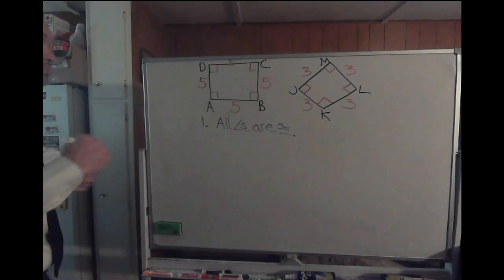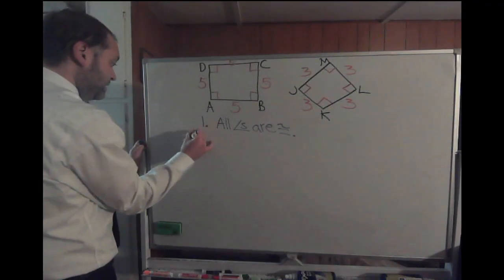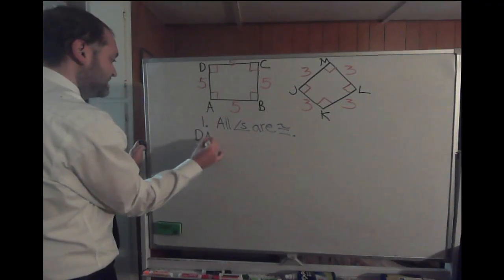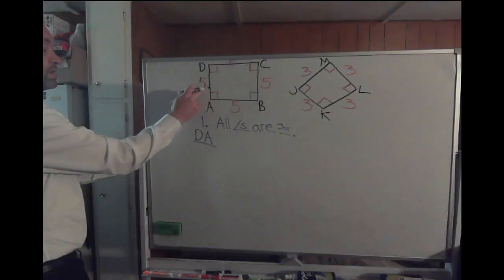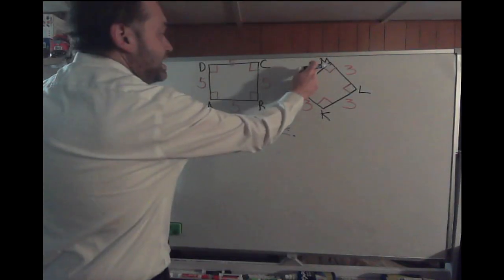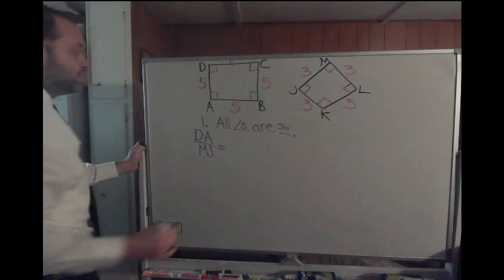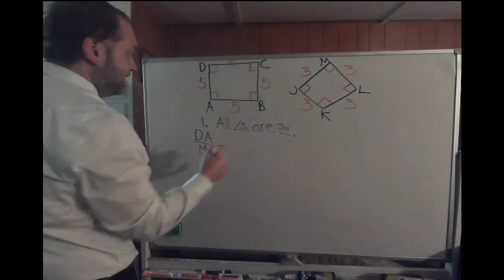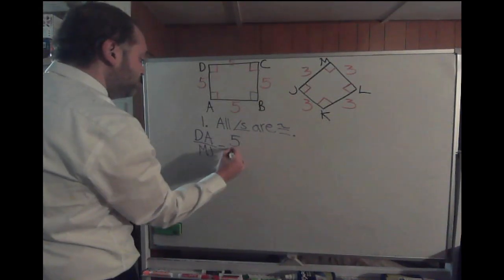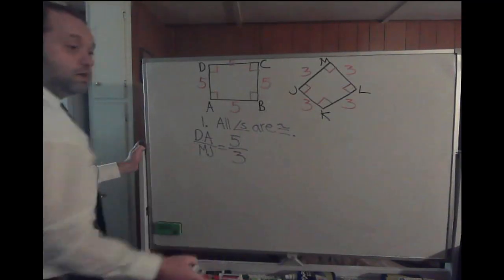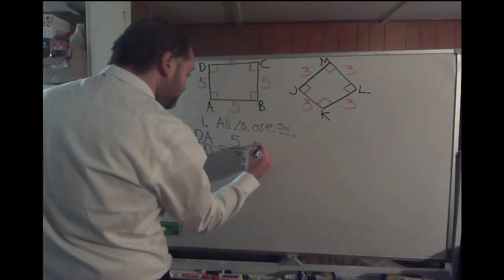Are the sides in proportion? Let's take the corresponding side DA to this square and do it to MJ on this square. Take DA to MJ. We'll make those the corresponding sides. You would have the ratio 5 to 3, which means 5 to 3 is your scale factor.